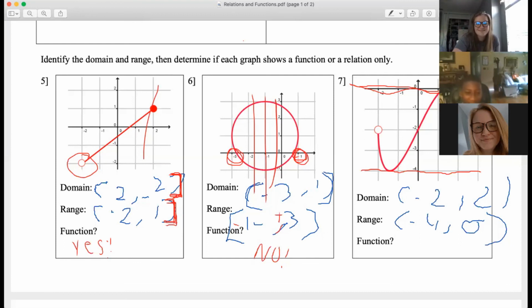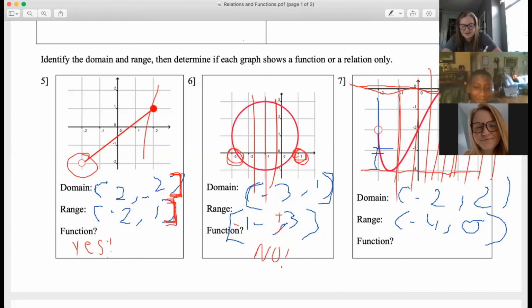It's kind of... are these lines touching the axis? That's the part that got me confused. Are we doing the horizontal line test or the vertical line test? The vertical line test. It looks like it's touching it, but at the same time it's not touching it. So it makes me confused. No, so it is a function because no matter how many lines we draw, it's not going to touch multiple times. Does that make sense?